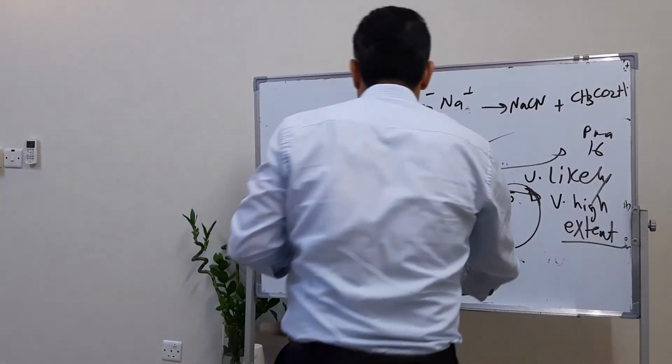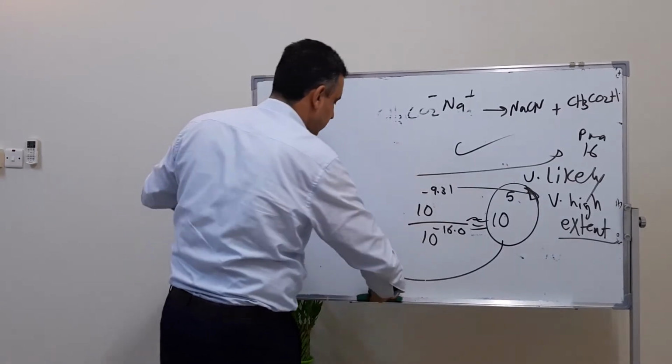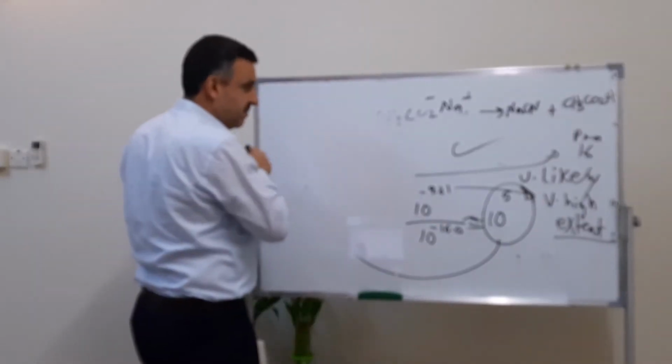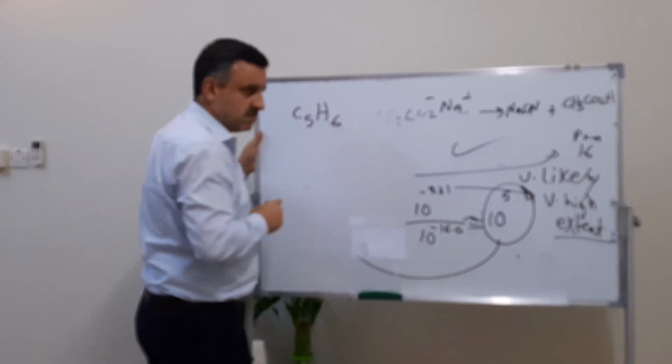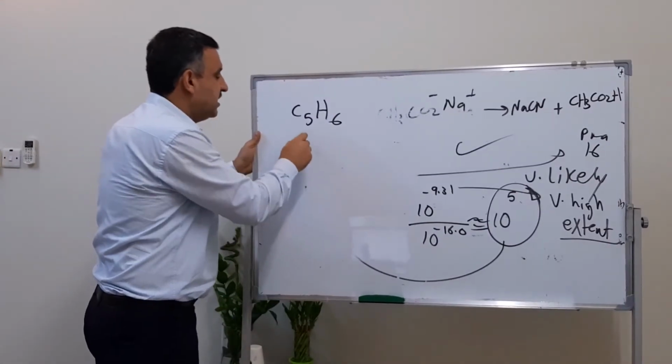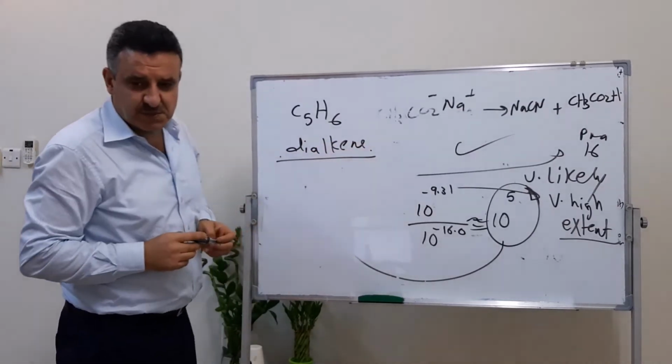For example, give me a structure which is also a dialkene, remember. For example, C5H8. I want a dialkene.